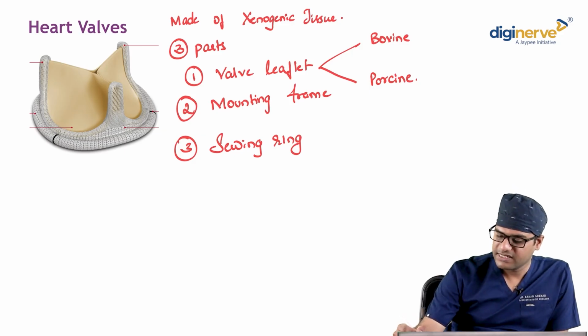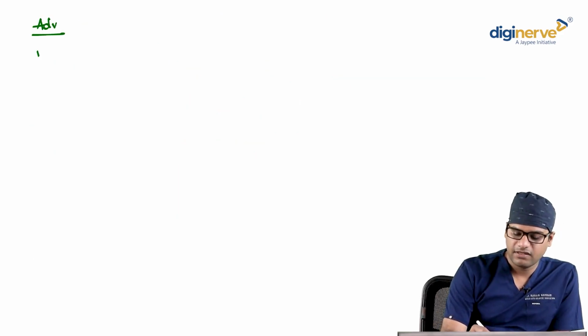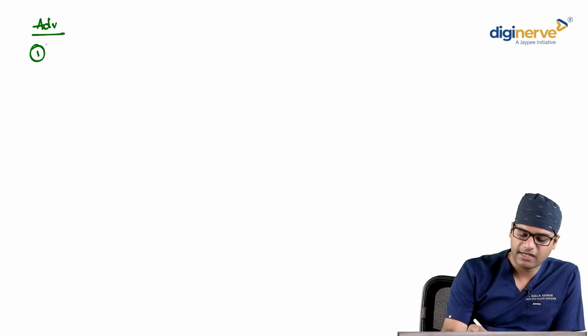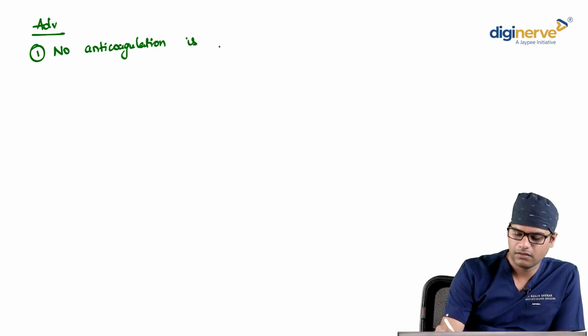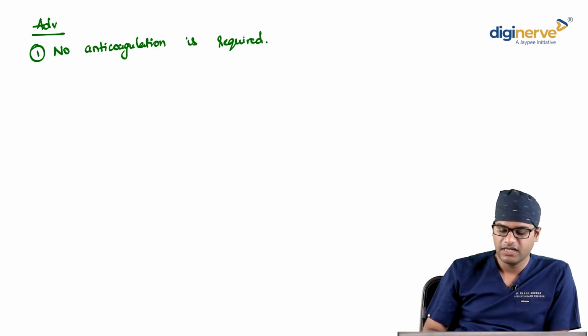So what we see as general advantages in patients with a bioprosthetic valve: first thing, they do not require any vitamin K antagonists. No anticoagulation is required, except for the first few months after surgery, where a low dose anticoagulation like 2 mg warfarin may be given.